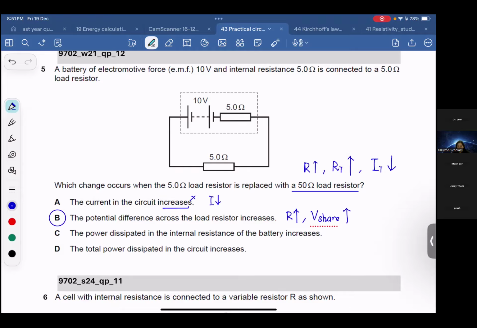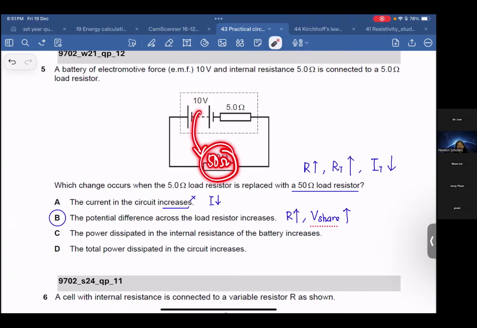So the 10 ohm here, 10 volt here, it will get more for this part when here is 50 ohm. So the 50 ohm will receive maybe 9 point something, 9.1 volt. If you want to do some calculation, you really can get the answer out. Voltage across the 50 ohm, I did the calculation, I get 9.1 volt.